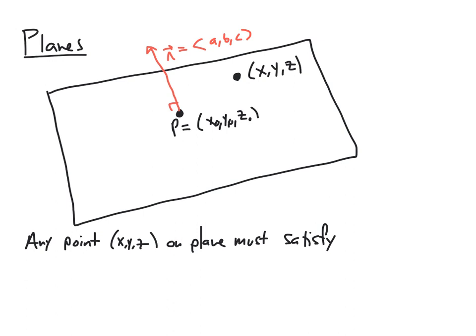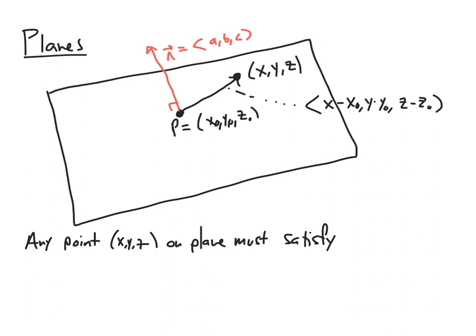So I'm going to go back to the picture, and we can think of this vector from my chosen point P on the plane to my arbitrary point x, y, z. And so what is that vector? That vector, I'm just going to draw it off to the side here. That vector would be x minus x naught, y minus y naught, and z minus z naught.